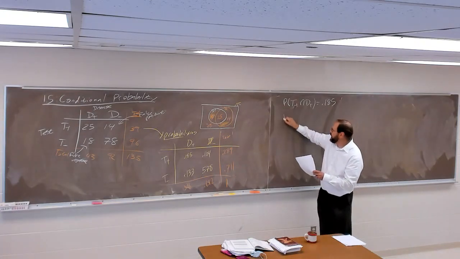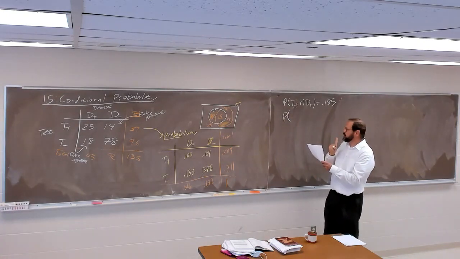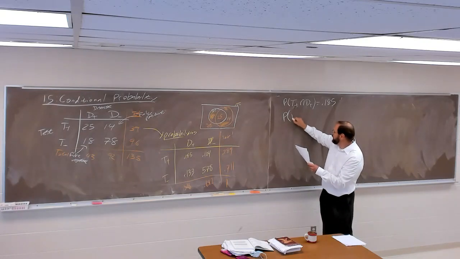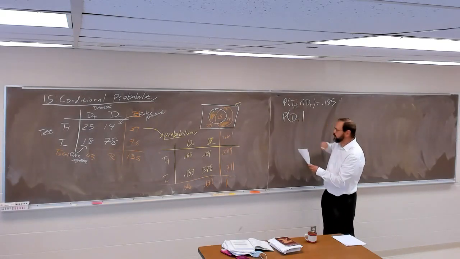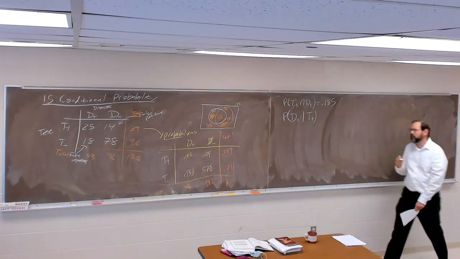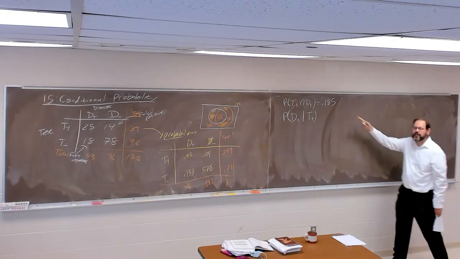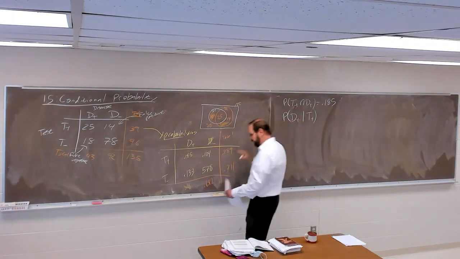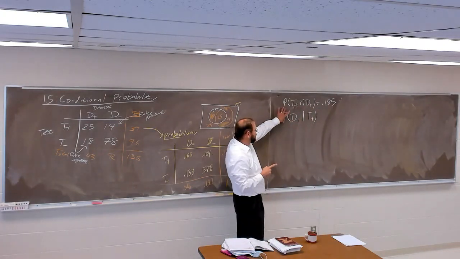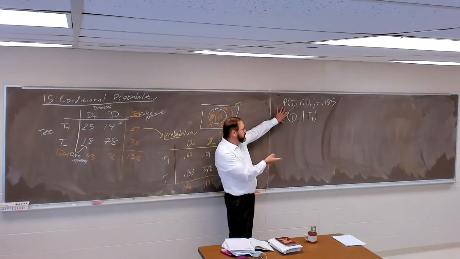And that's different than what we're going to write in terms of conditional probability, which would be D+, straight line, T+. So this is a particular region within our Venn diagram, and this is our first conditional probability.